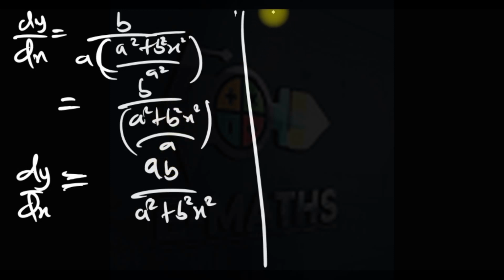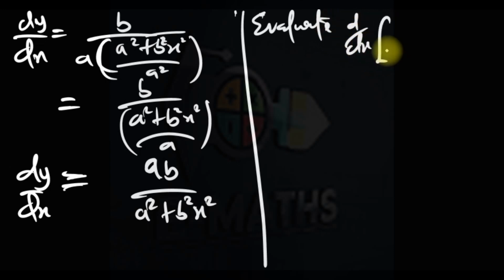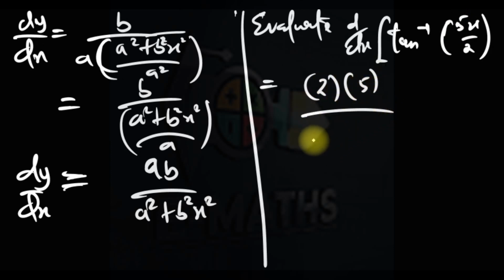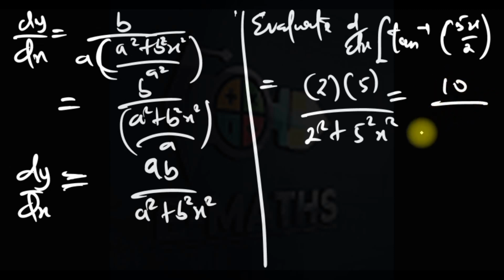bx over a. So if someone asks you to evaluate the derivative of arctan of maybe 5x over 2, so the answer, without wasting time, our a here is 2, our b is 5, so I have 2 times 5 over 2 squared plus 5 squared x squared, which is 10 over 4 plus 25x squared.